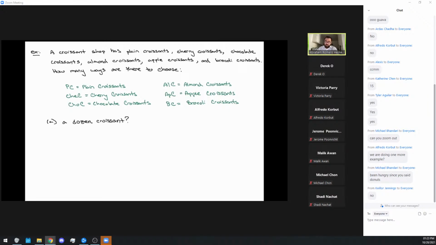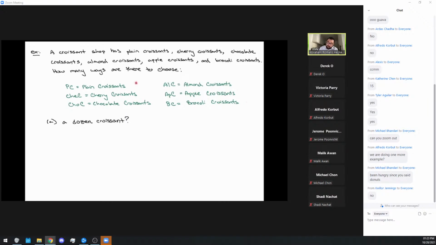So how do we do this? Well, one way is to brute force this, kind of like how we did with the donuts. But clearly, this is more options than the donuts. So doing the brute force one will be tedious and it's just going to take a long time. So let's think about it a different way. The other way is, notice that all of these are completely distinguishable.